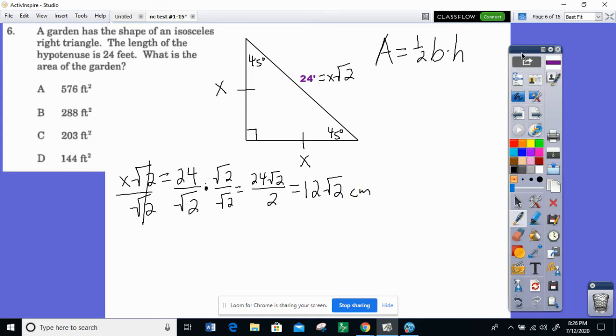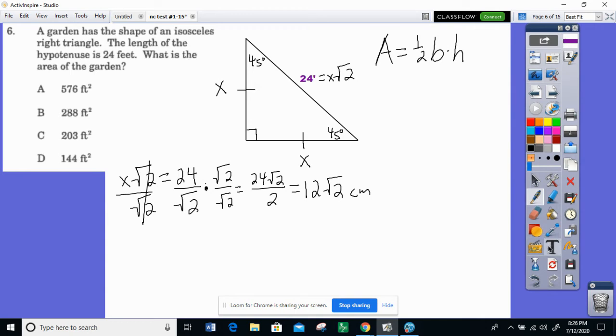Our units here are feet. So we've got 12 times the square root of 2 for each of the legs. And now we can use those 12 times the square root of 2 for the base and height of the triangle in our area of a triangle formula.